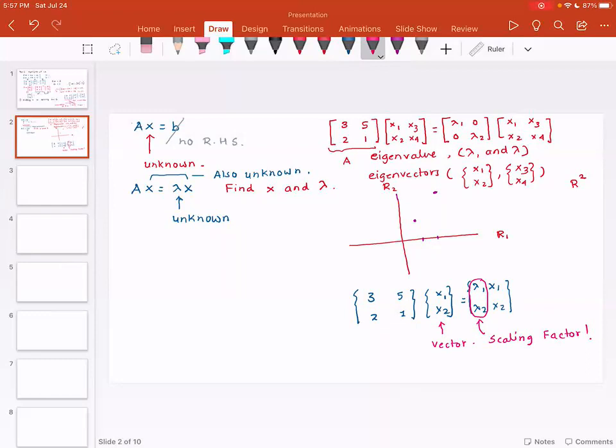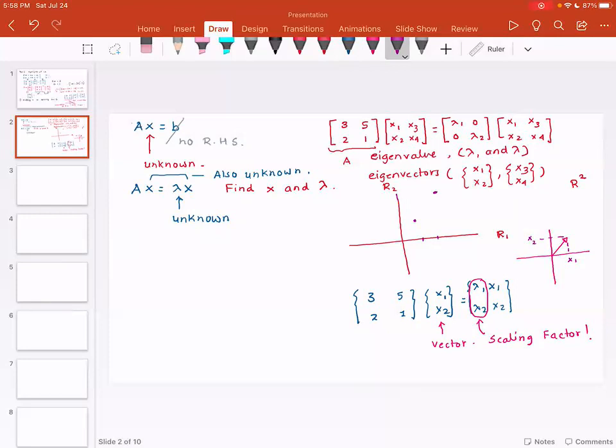But as you can see, after rotation, the matrix for these particular values of x1 and x2 results in just scaling. So think about if you have a vector, x1 and x2, and this is an eigenvector.